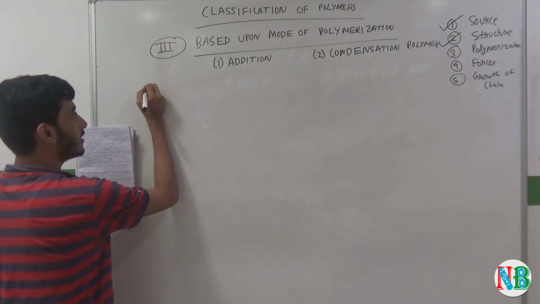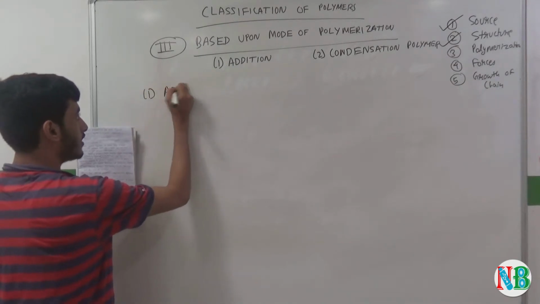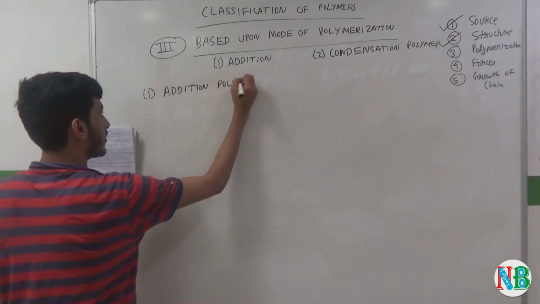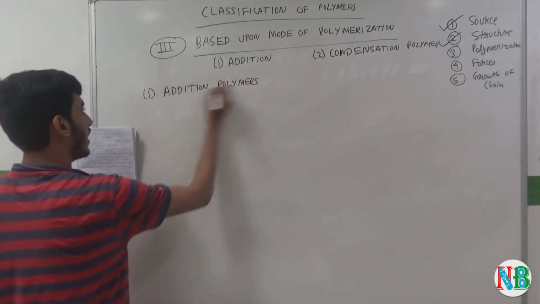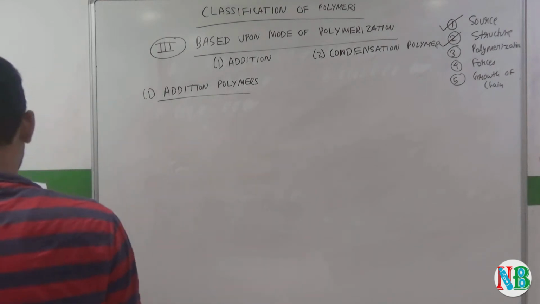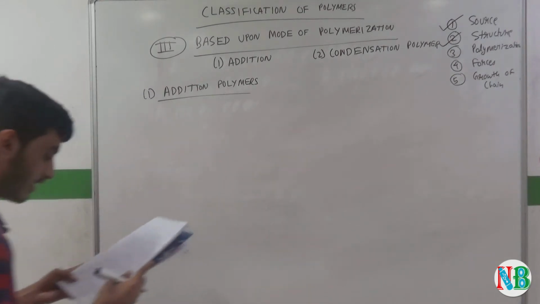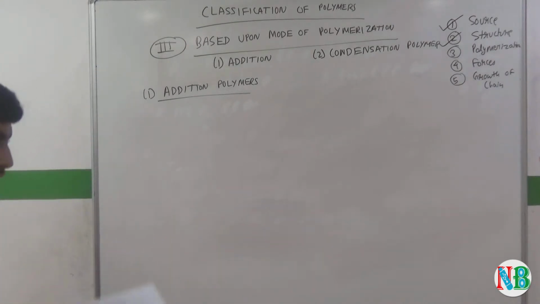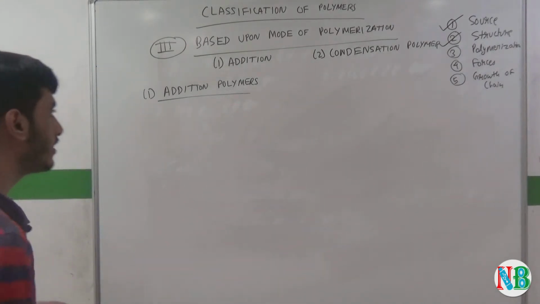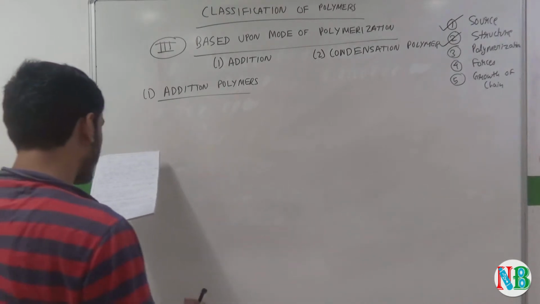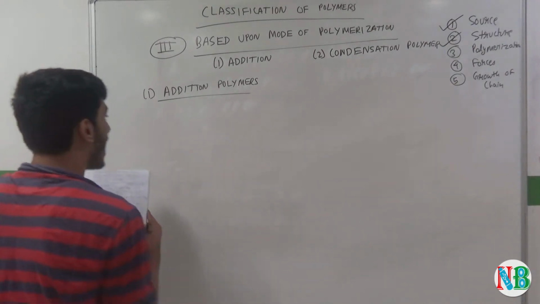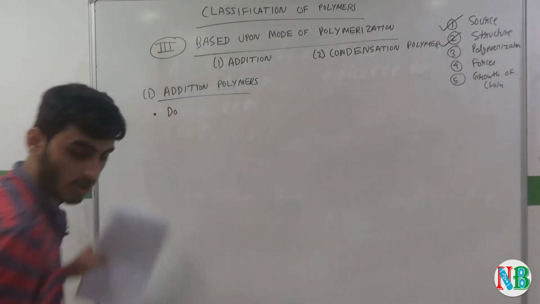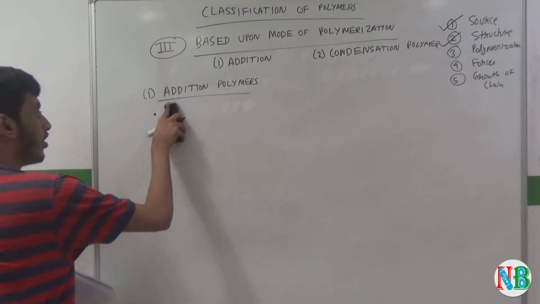So the first one is the addition polymers. In them, what happens is the repeated addition of a large number of same or different kinds of monomers which have either a double bond or a triple bond.